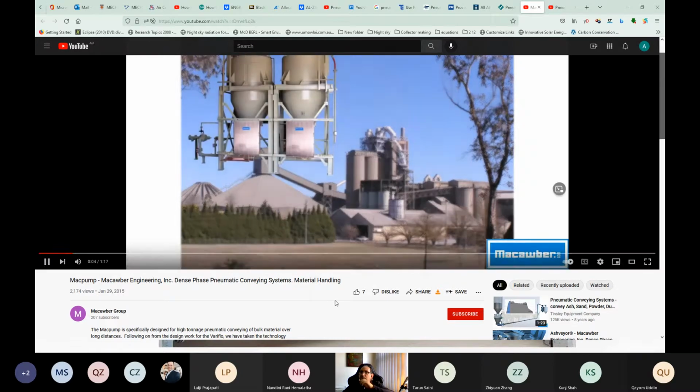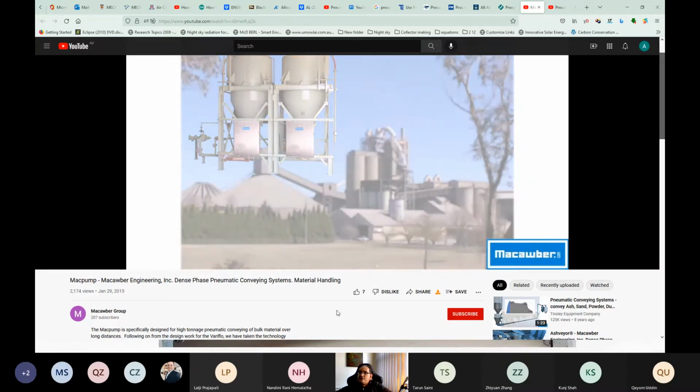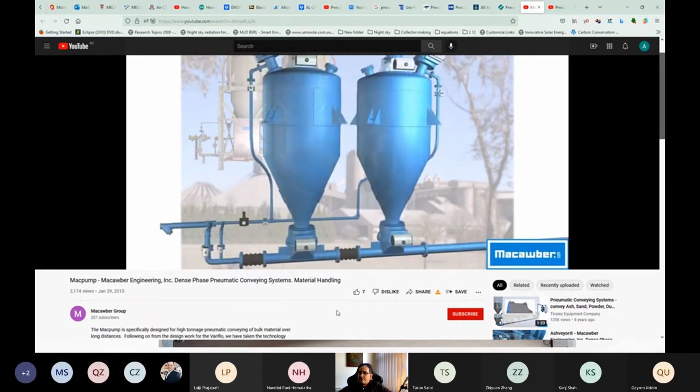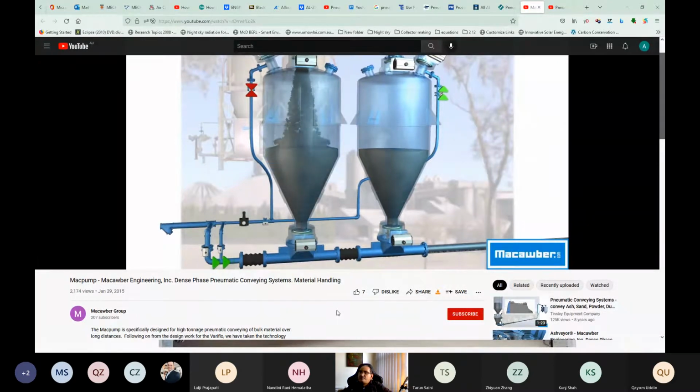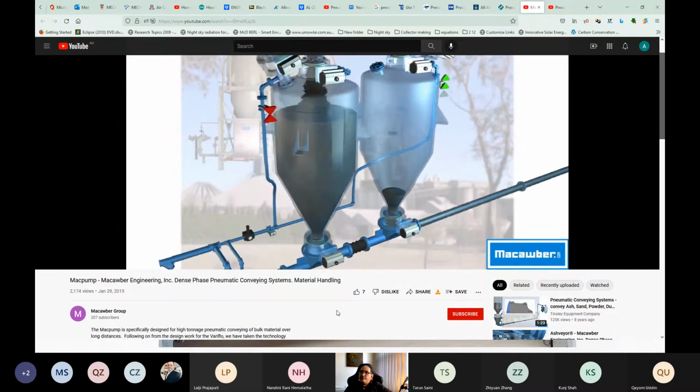So you can see that's what we have in a dual tank, and this will help me to have continuous feeding for the pneumatic system. Two parallel tanks, so we're feeding one while emptying the other.